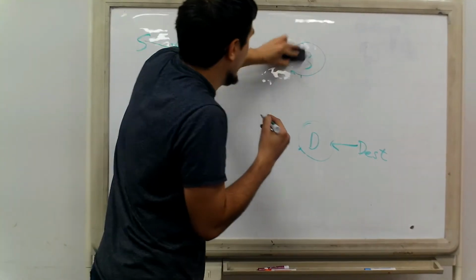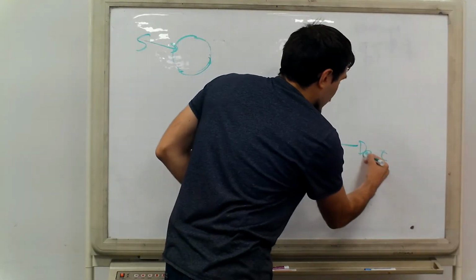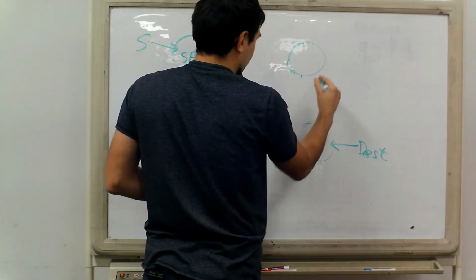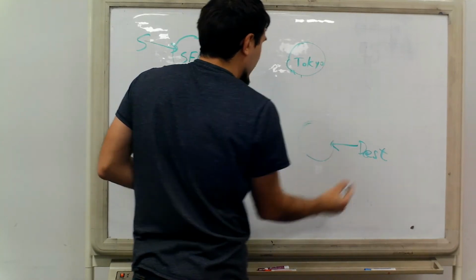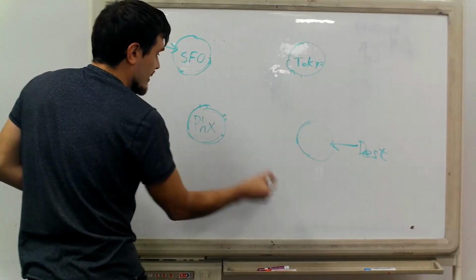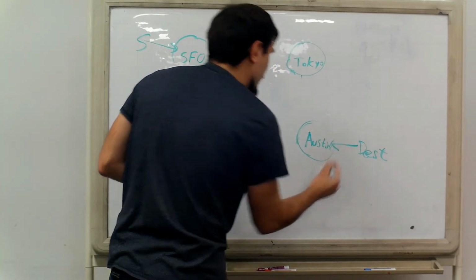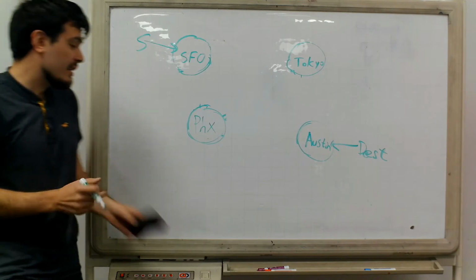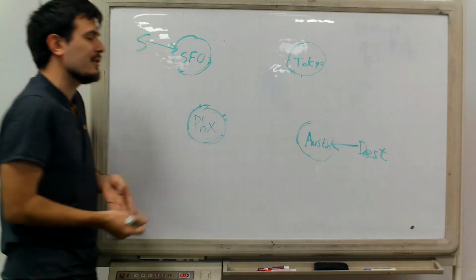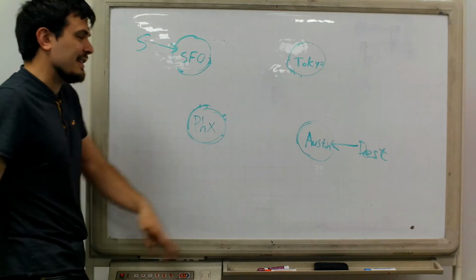So, let's assume this one's San Francisco, and this one's Tokyo, and this one is Phoenix, and this one is Austin or whatever. That's in Texas for people who don't know. So anyway, let's say the available flights look like this. I want to get from SFO to Austin, and yeah, I know there's a direct flight there, but suppose there isn't, right? Hypothetically, I don't want to invent obscure city names. That's all.